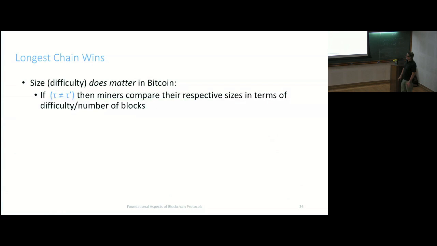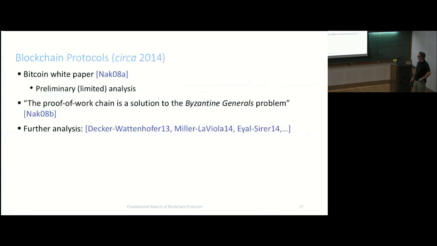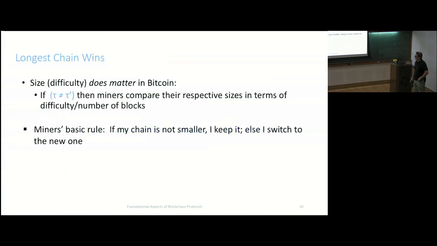And as I already mentioned before, you're sitting there, you have your own blockchain, and you receive a new blockchain. So you move to that blockchain if that blockchain is longer. It's valid, so it passes inspection, and it's longer.